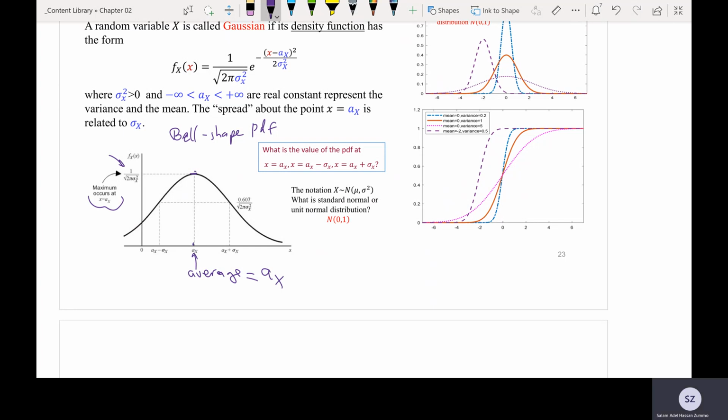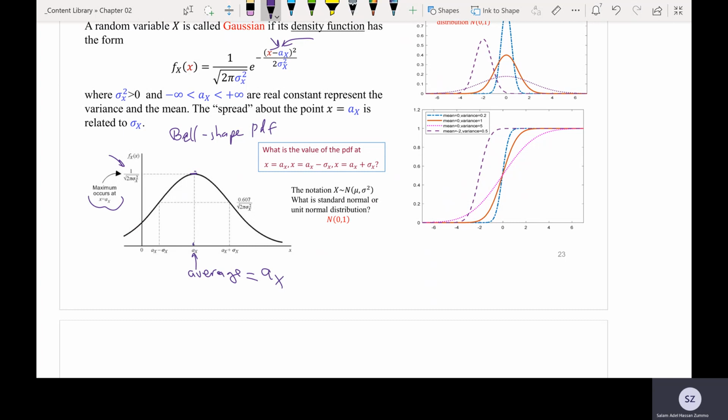So it's centered around the mean, and because of that, it looks like an exponential e to the power of x minus the mean. So the first thing that you see in the PDF is the average, the mean. This is the first one.